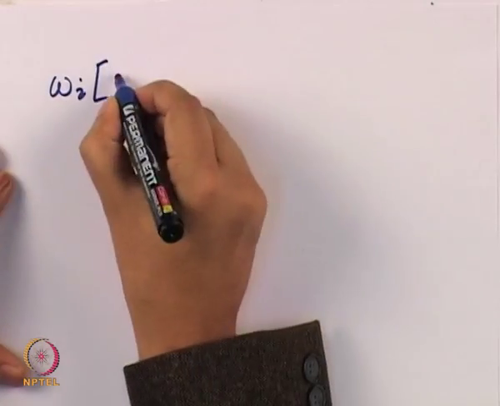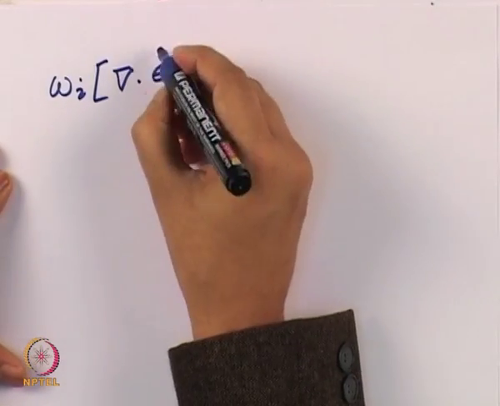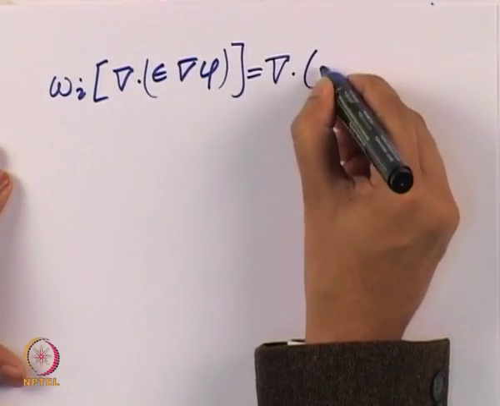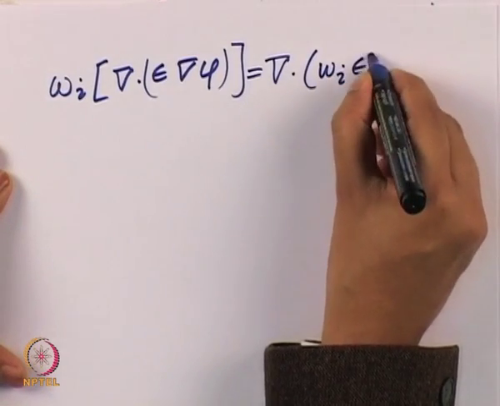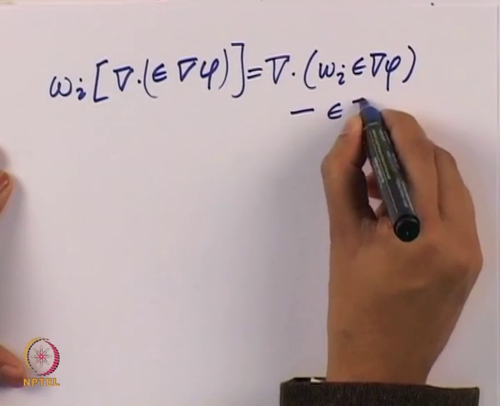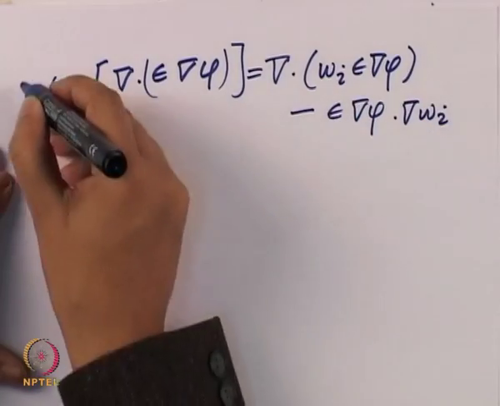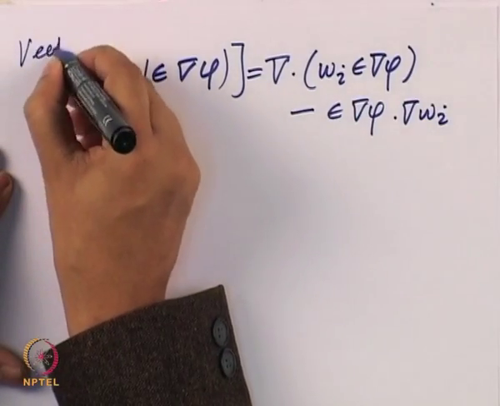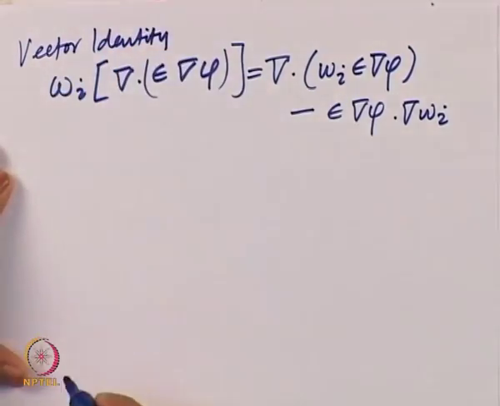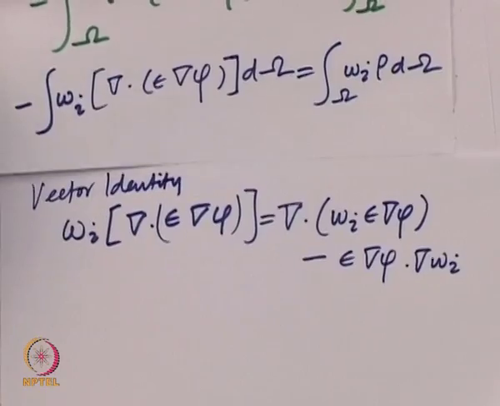Wi minus epsilon. So this is the vector identity that I am going to use in this particular equation.